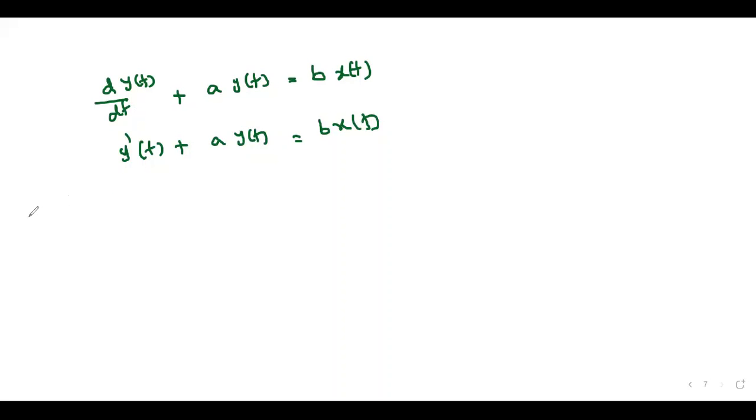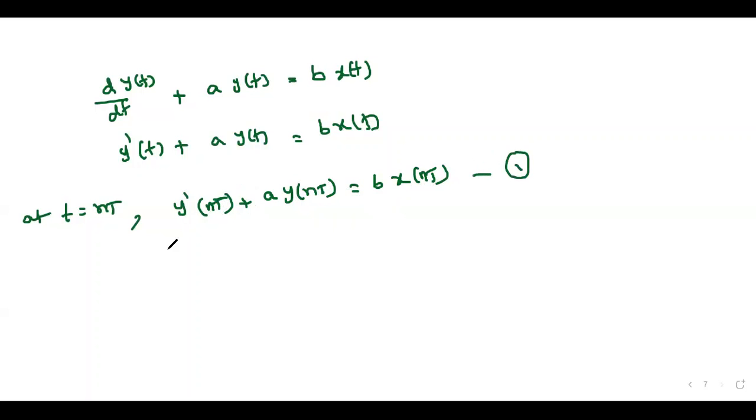So we need to write t equal to nT, and this equation can be written as y dash of nT plus a into y(nT) is equal to b into x(nT). Say this is equation 1. I'll come back to this point.